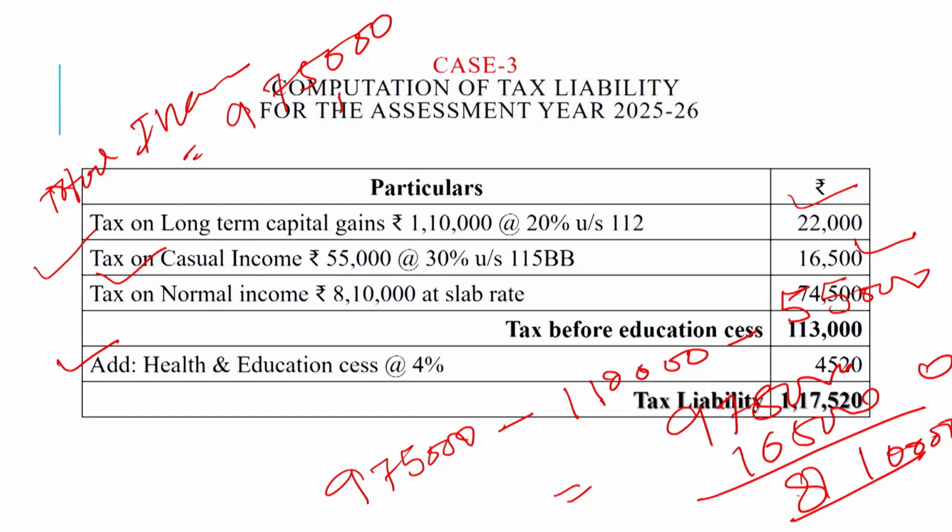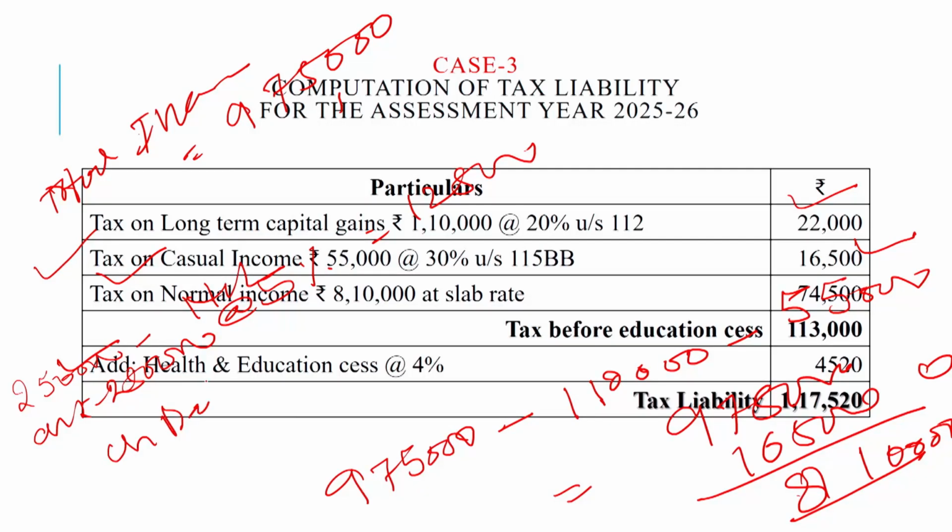In the slab rate, on rupees 2,50,000 the tax amount will be nil. On the next 2,50,000 at the rate of 5%, it is 12,500.